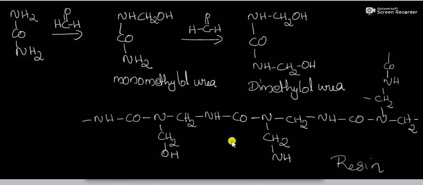It is urea formaldehyde resin, complete polymerization. And this polymer possesses good tensile strength and hardness, and is water resistant and oil resistant. They are used to make colorless or light colored objects such as cosmetic containers, stove hardware, etc.